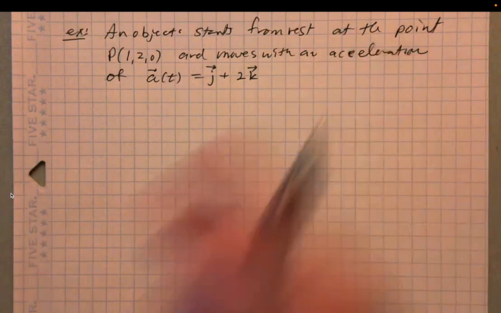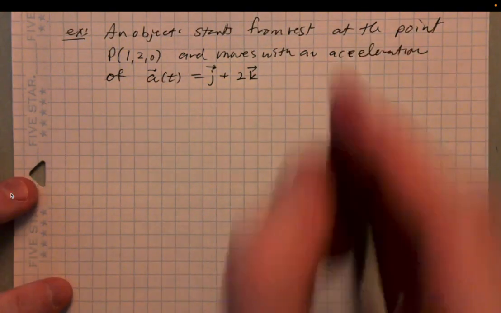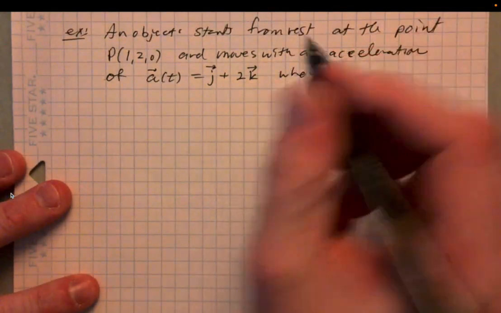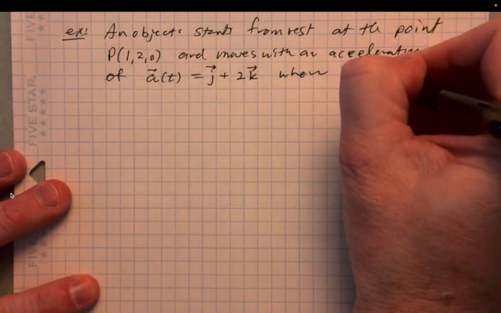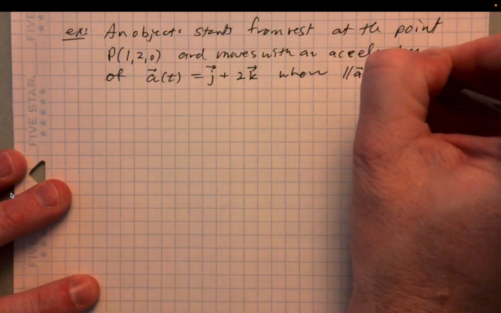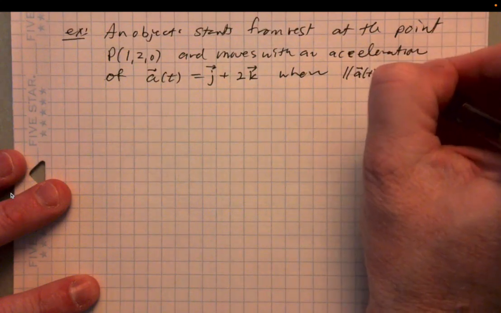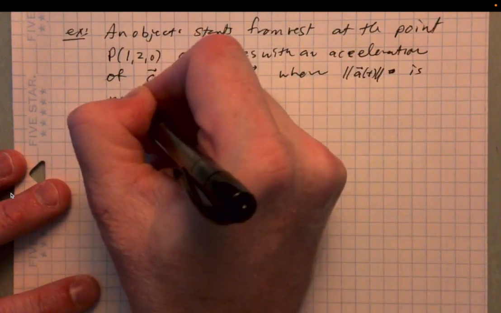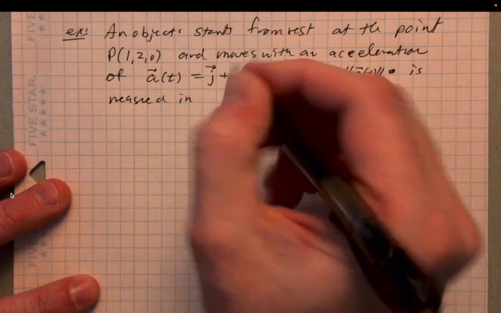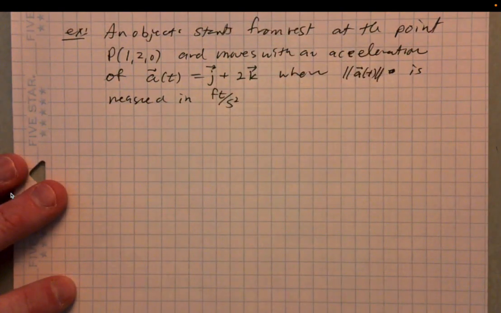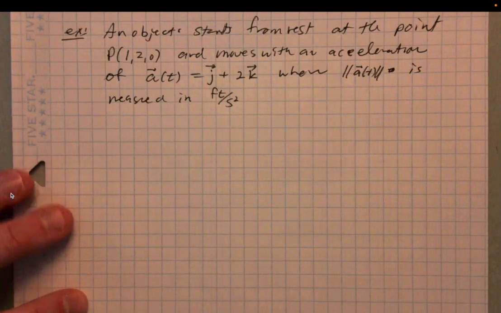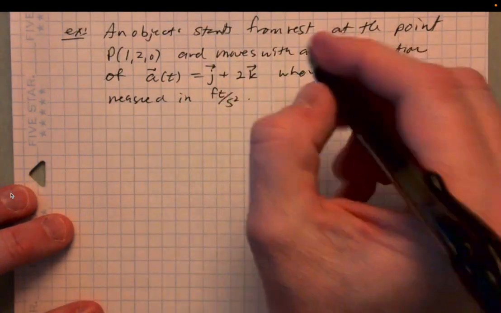So constant acceleration, where we're given the norm of a, is measured in feet per second squared. Okay, so the magnitude of the acceleration is in feet per second squared.